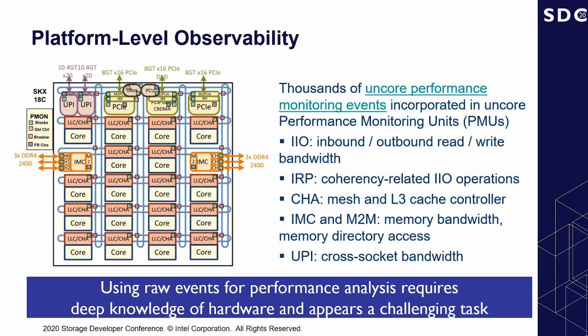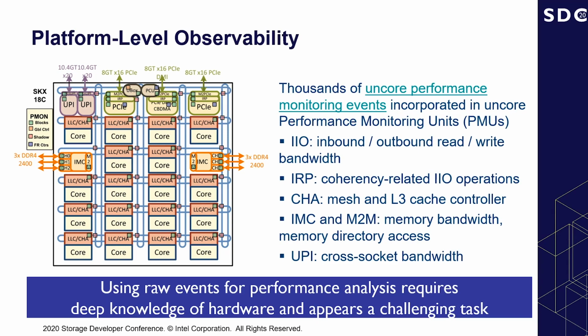With IIO events, one can measure each 4 bytes transferred in both directions with a breakdown by transaction type and with 4 PCIe lanes granularity. Then, the IO requests are passed from the traffic controller to IRP. IRP is responsible for communications between IIO and the L3 cache. IRP performance monitoring events reflect coherent requests sent and snoops received by IIO.